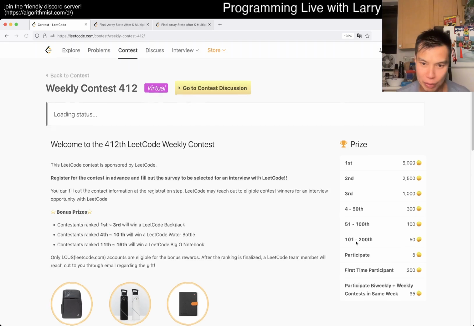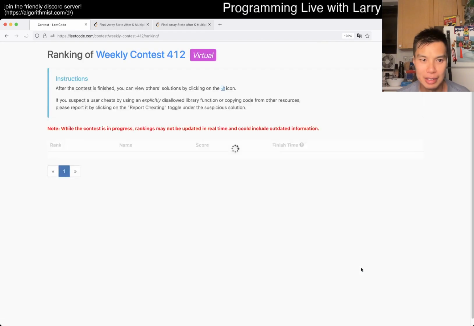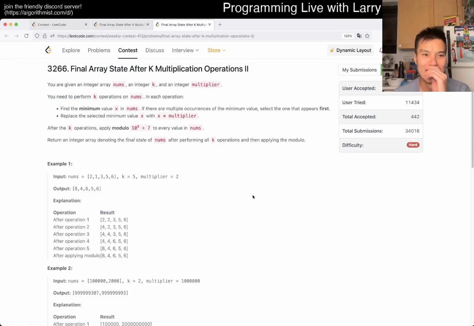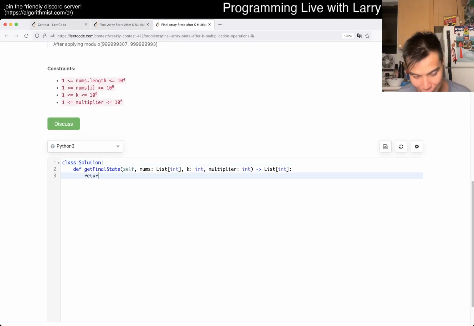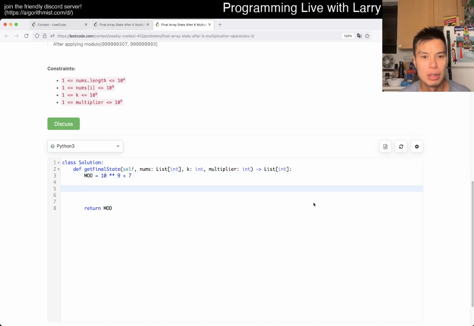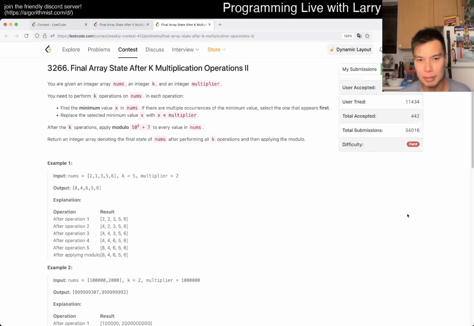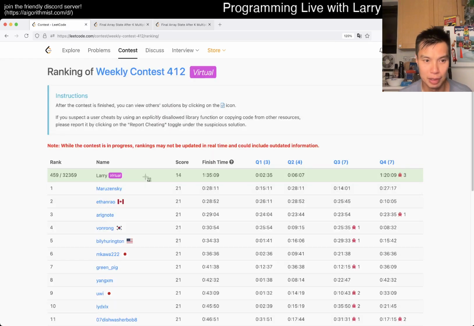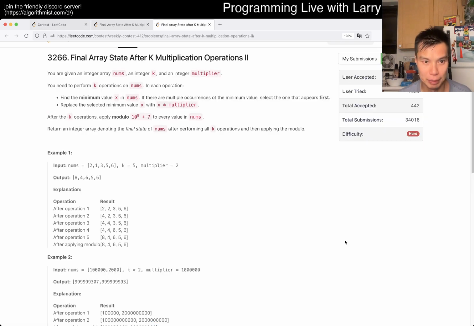But at least we got Q4, so we're not 100% too embarrassing, just mildly embarrassing. Mod. I didn't even get to really think about this problem, but whew. Alright, I want to revisit that problem, but not now. I have 10 minutes. I'm gonna upsolve this, but it's still gonna be quite a bit. 459 though.